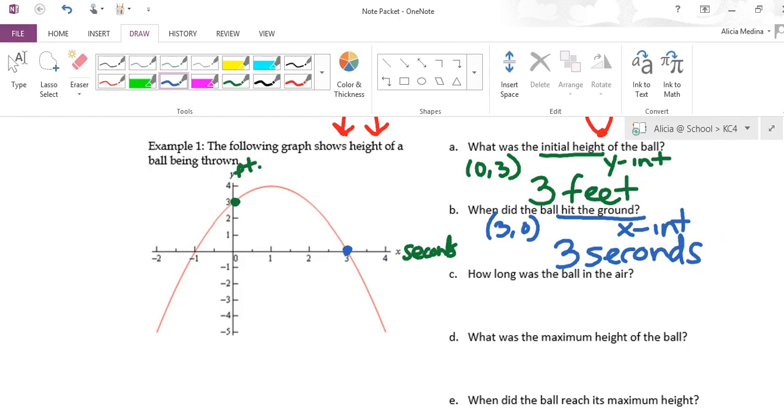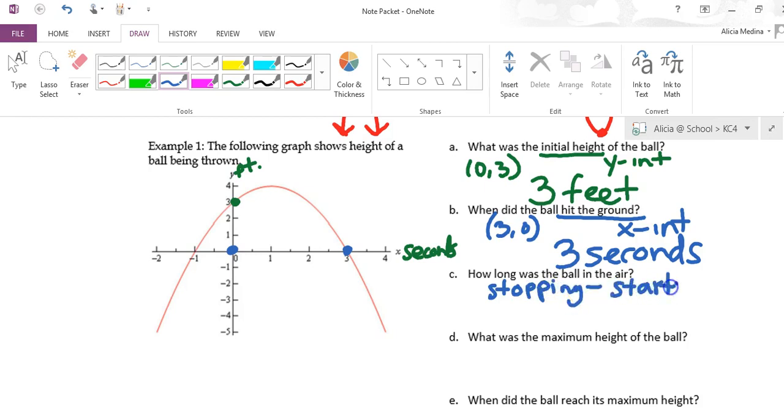Part C, how long was the ball in the air for? This is our stopping minus our starting. If this was where it hit the ground, we have to use whenever time is 0. I know that there's not a point there, but that's where it started. So we use our stopping point minus our starting point.